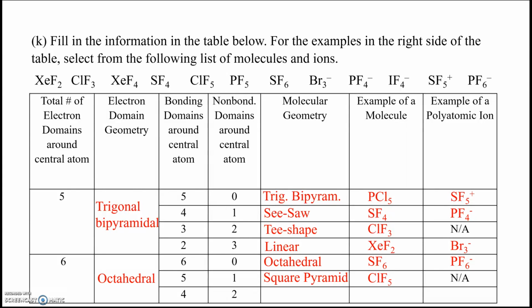And then for 4 and 2, that's going to give me square planar. That's going to give me 1 atom in the middle and 4 all bonded around it in a square. This would be xenon tetrafluoride, and an example of a polyatomic ion would be IF4 minus.